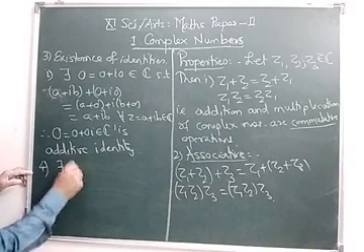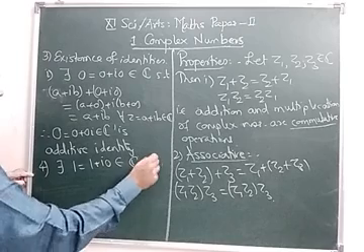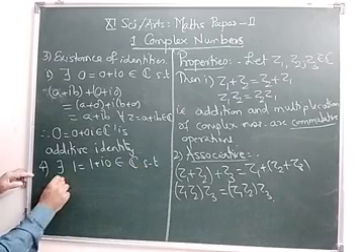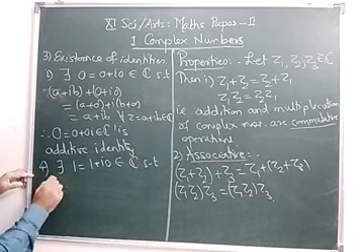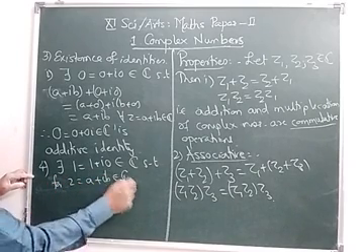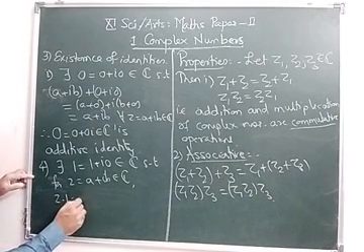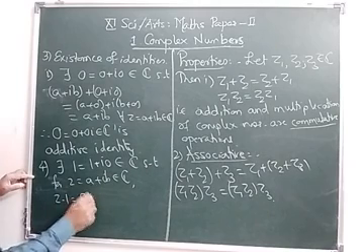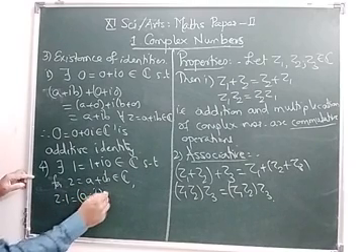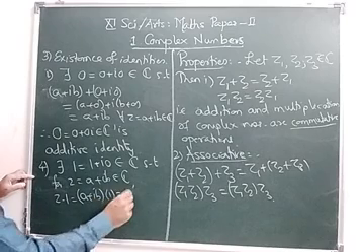Fourth one, existence of multiplicative identity. There exists 1 equal to 1 plus I0 belonging to C such that for Z equal to A plus IB belonging to C, whatever that complex number, Z into 1 is equal to A plus IB into 1, and this becomes A into 1 plus IB1, that is A plus IB.